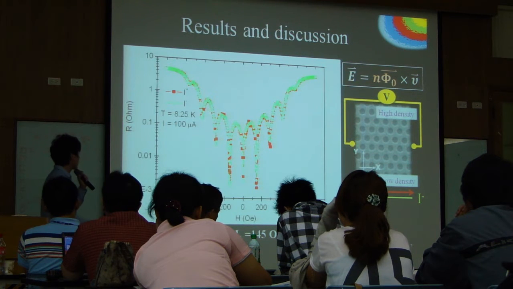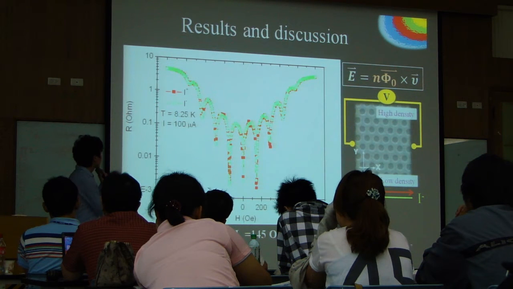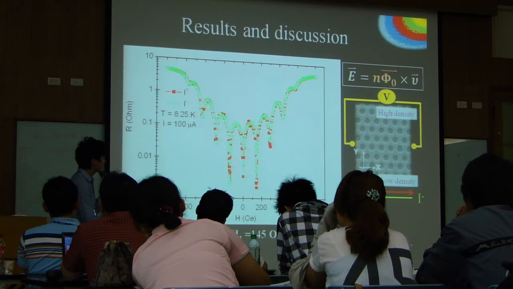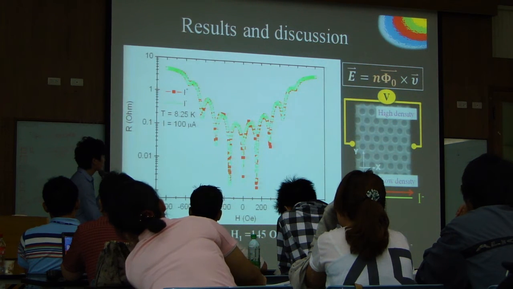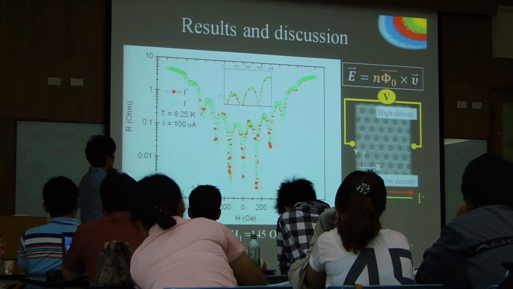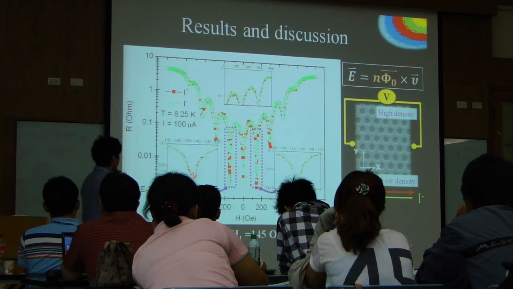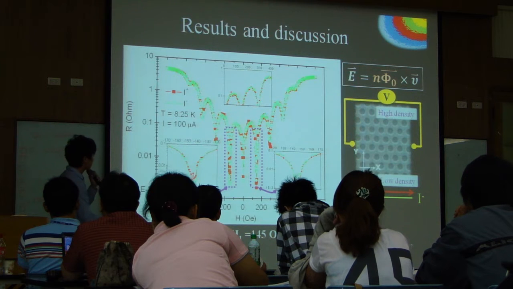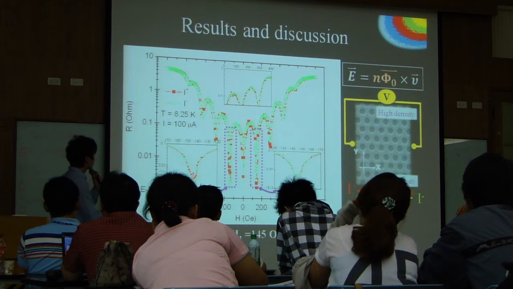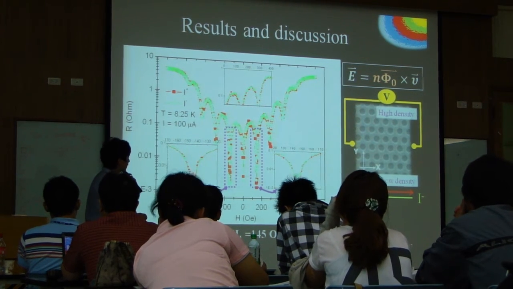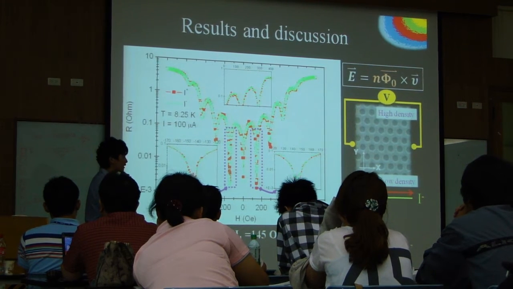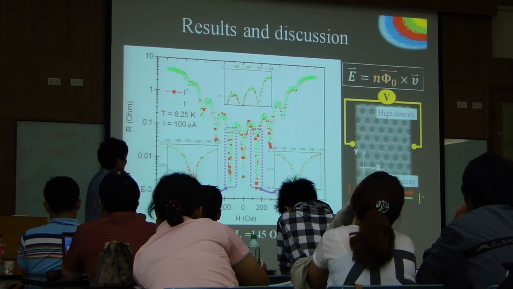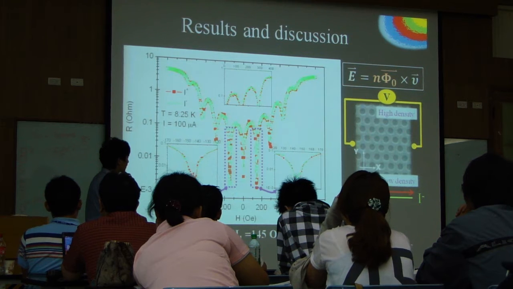This is the RH loop, and we can see the resistance between the red point and the green point is almost the same, except here. Here is our measured field.